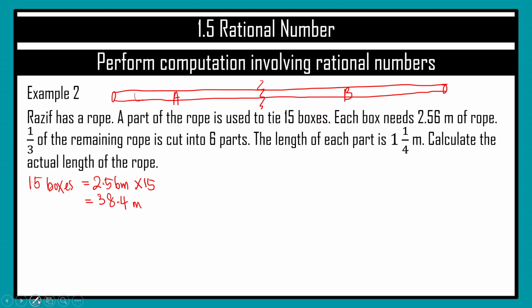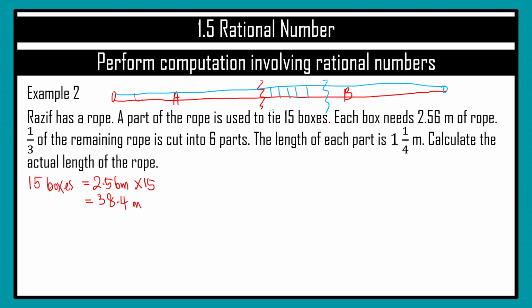So I'm going to take another color so that we don't confuse ourselves. Assuming that this is a third of part B that is cut into 6 sections. So 1, 2, 3, 4, 5, 6.